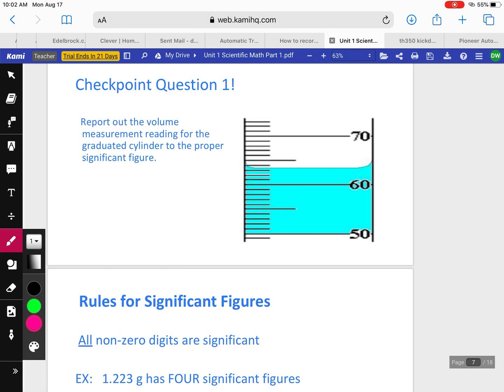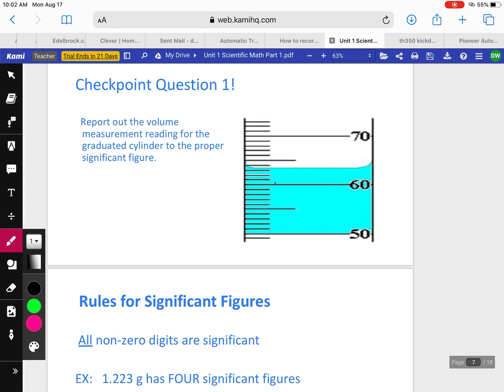Now you have to figure out what these lines mean, because on a smaller graduated cylinder, those lines might be 1/10 of a milliliter, or it might be 2 milliliters. It just depends, so you have to look at the scale and see what is going on. On this particular measurement, we've got 60 to 70, so each line is a milliliter.